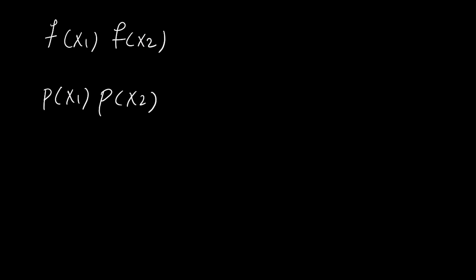So I have this function f of x1, f of x2, or maybe p of x1, p of x2. In both cases, if I have PMF or PDF, it doesn't matter.